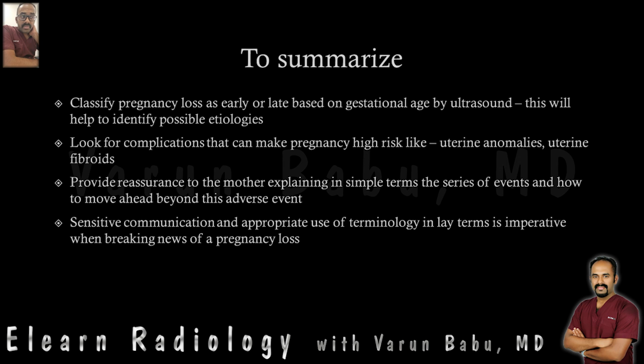Provide reassurance to the mother, explaining in simple terms the series of events and how to move ahead beyond this adverse event. Sensitive communication and appropriate use of terminology in lay terms is imperative when you break news of a pregnancy loss. So it is essential that as sonologists and radiologists we have a clear picture and a clear distinction of the various terminologies that we use, and kindly try to avoid the use of the word abortion.